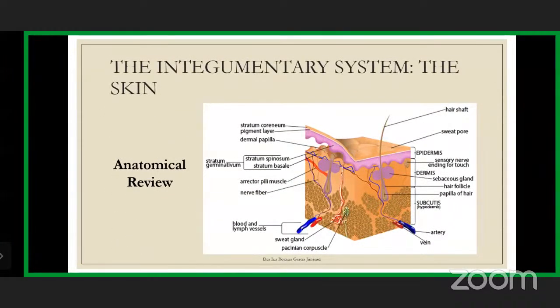About the integumentary system, we have to check again our anatomical review. It's very important for us to consider this. We have all the anatomical structures described in the picture, considering the correct writing, the details that we have to check and prepare, of course, for memorizing.